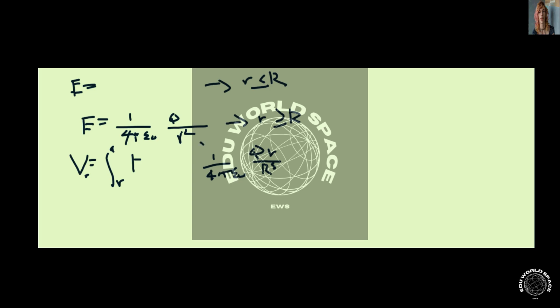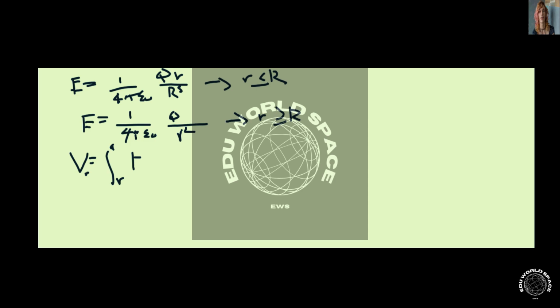So let's move this back up here. This is r cubed, so this is equal to E dr, but we forgot the distance from r to a.